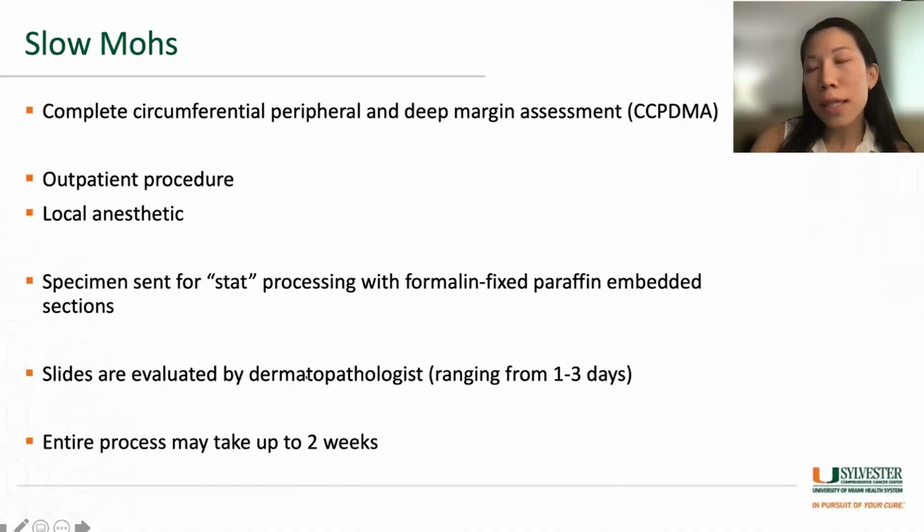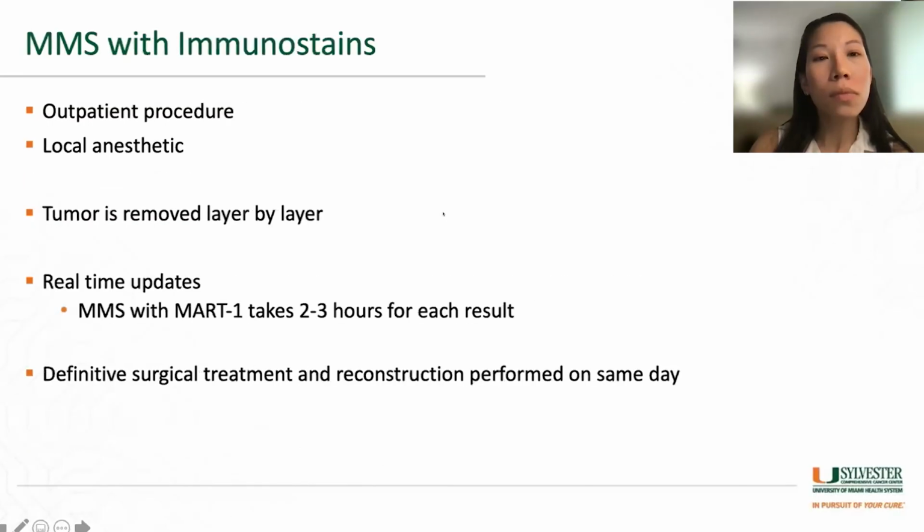The inconvenience is that the turnaround time ranges anywhere from 1 to 3 days to let us know whether we need to cut more or if the patient is ready for reconstruction. Because of that, the entire process may take up to 2 weeks, meaning the patients may have an open wound for that duration.